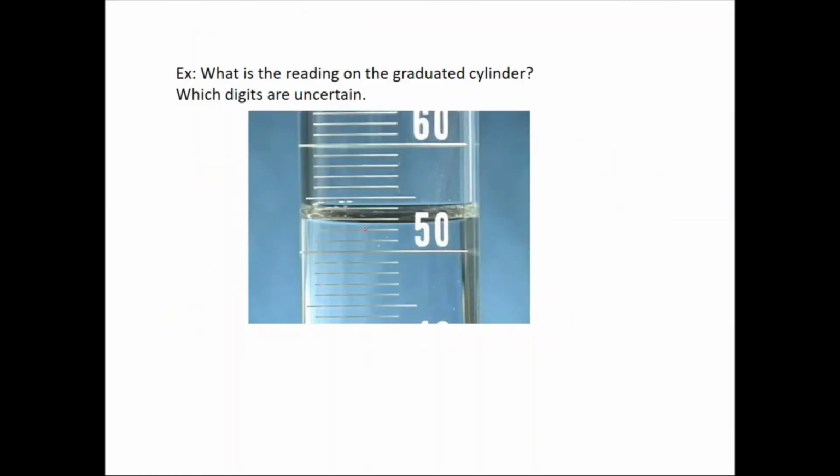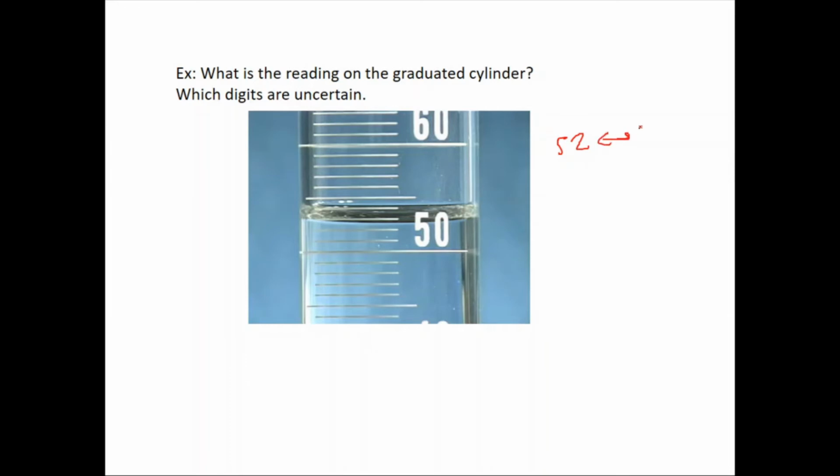Let's read this measurement. What is the reading on the graduated cylinder? Which digits are uncertain? Now here is the meniscus. We know that 50 milliliter is certain, and 51, 52, so it is between 52 and 53.